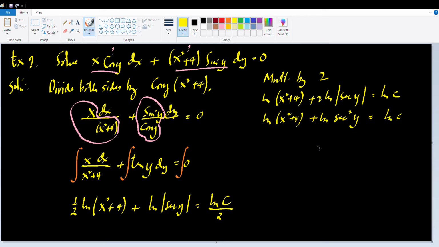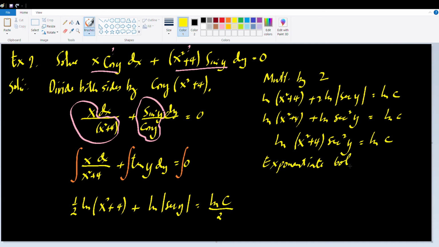Okay? And then I can combine these two ln's as one ln of (x squared plus 4) secant squared y equal to ln of c. Alright? And I exponentiate both sides to get rid of ln.